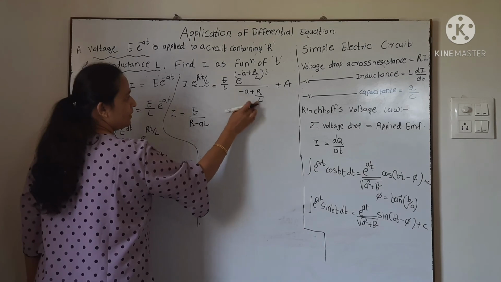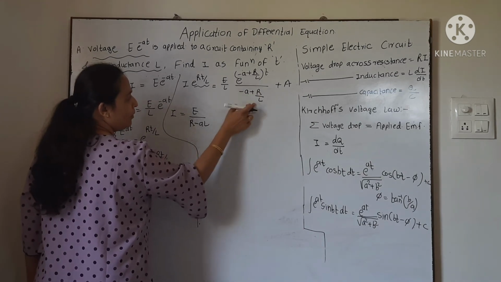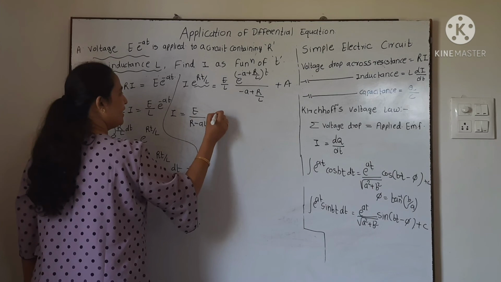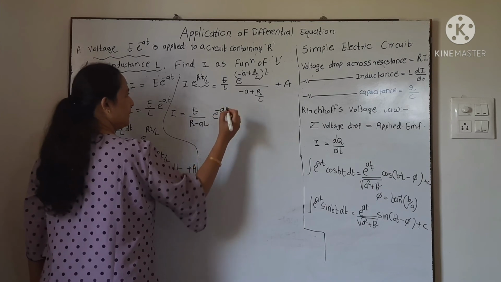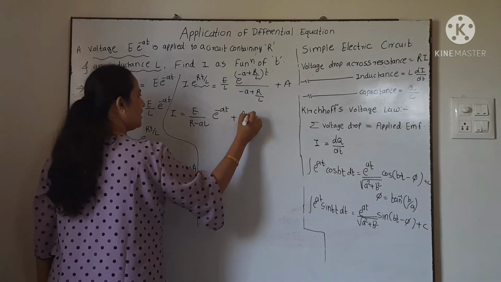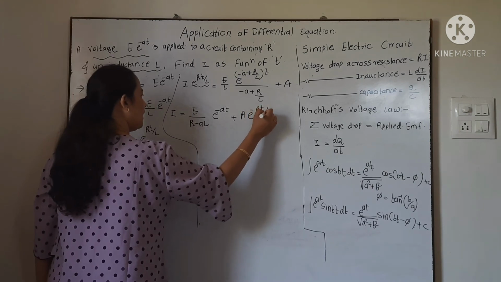Take here LCM. If I take LCM, it is R minus AL upon L and this L will get cancelled. e raised to minus AT plus A e raised to minus RT by L.